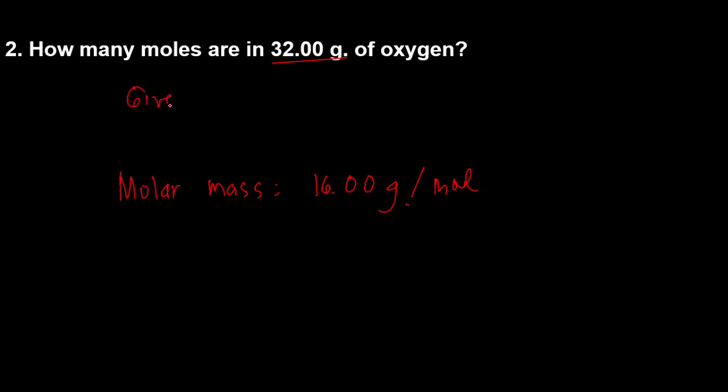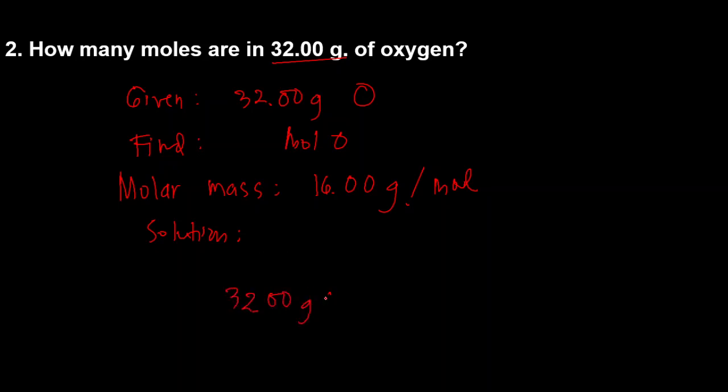But again, let's try to follow the process. The given is 32 grams of oxygen, and then we need to find the equivalent moles of oxygen. Again, we have the molar mass. Then we go on to the solution. To start your solution, always start with the given. The given is 32 grams of oxygen. We need to convert this one to mole, so we need to cancel gram and convert this to moles of oxygen.